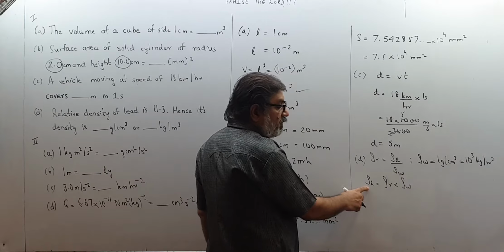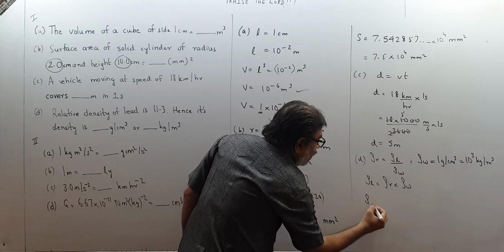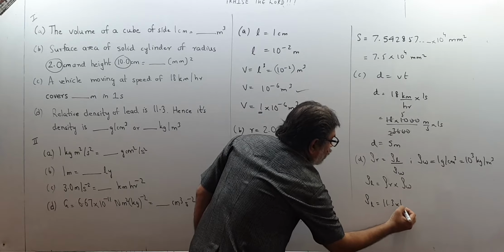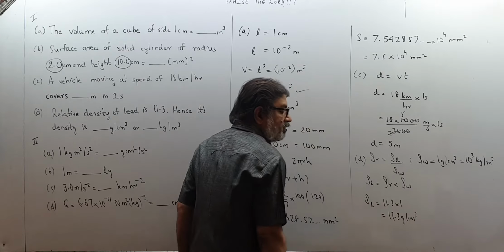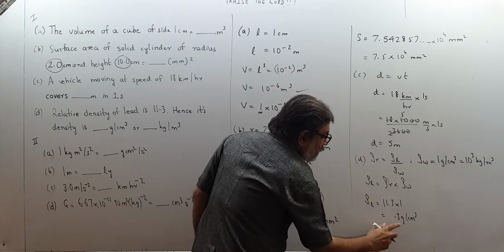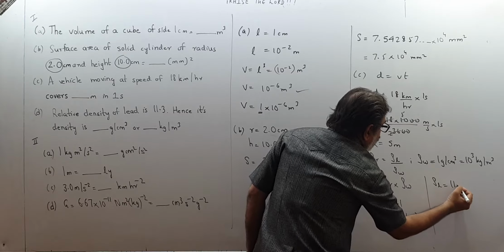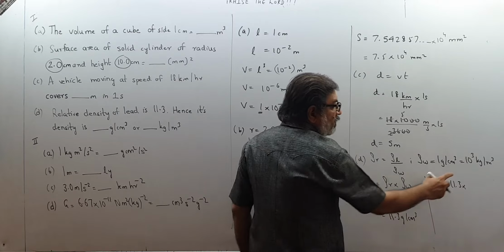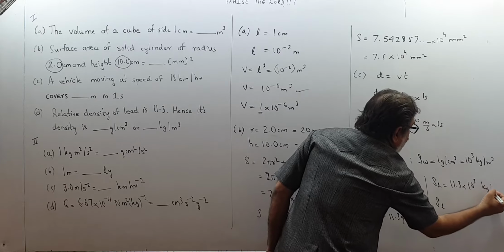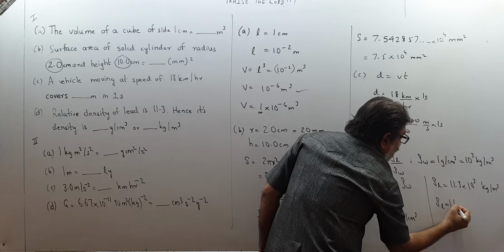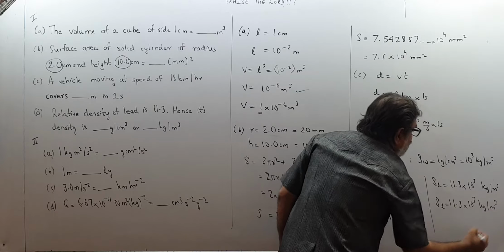When I want this in kg per meter cube, I will keep this as 10 cube kg per meter cube. So rho L will become 11.3 into 1, that is 11.3 gram per centimeter cube. Okay? So rho L will be 11.3 into rho W in MKS, that is 10 cube. So rho L will be 11.3 into 10 cube kg per meter cube.